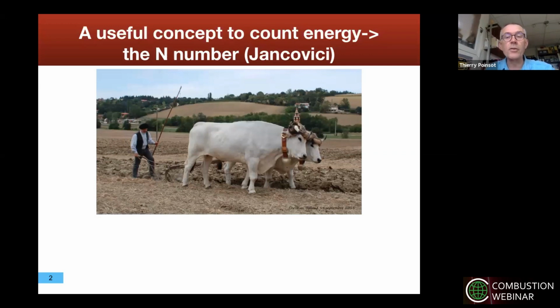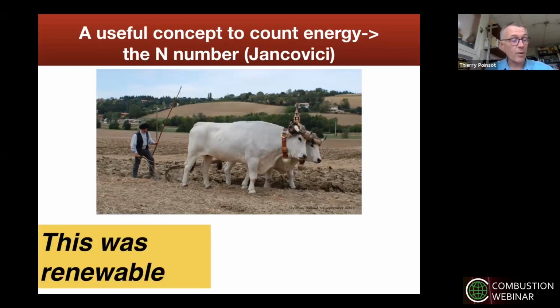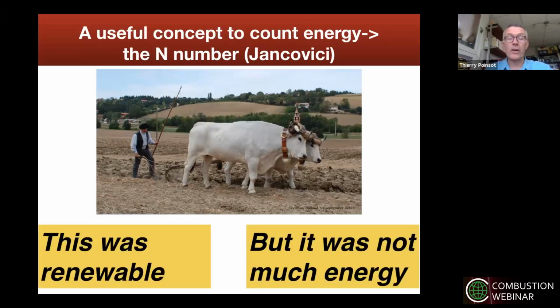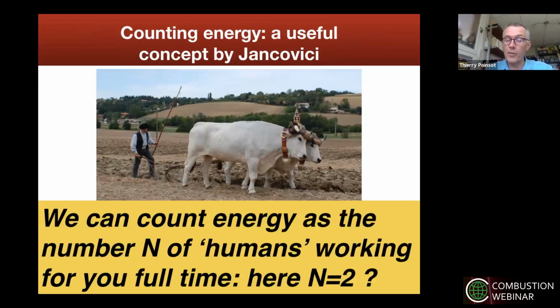So, a few hundred years ago, people were using this kind of energy, and that was fully renewable, by the way, but it was not much. Actually, if you want to count energy as the number of people working for you full-time, maybe here you would have N equal 2, because these animals don't work for the whole day, they need to sleep, etc., etc.